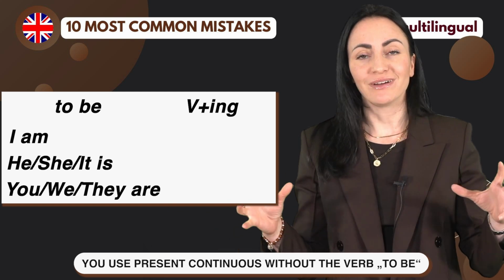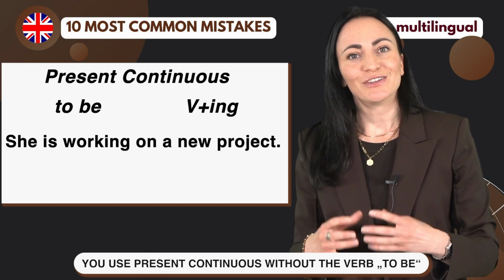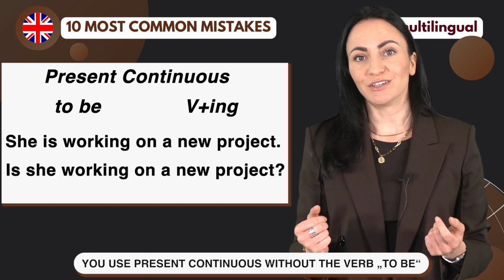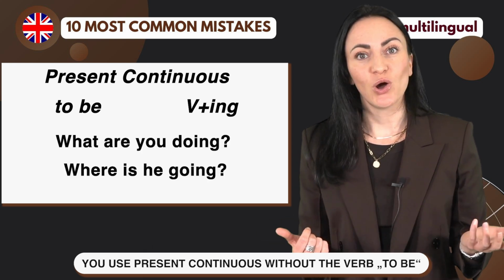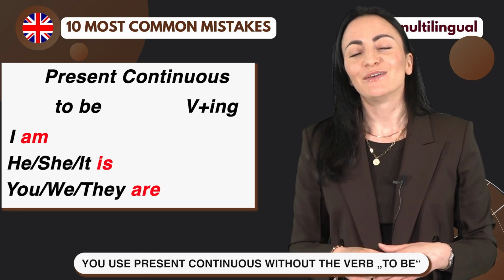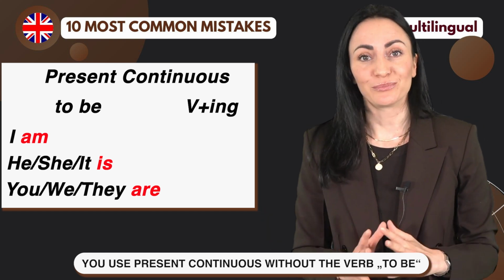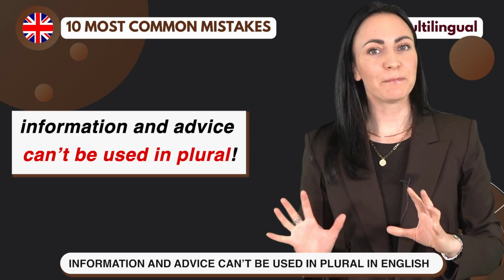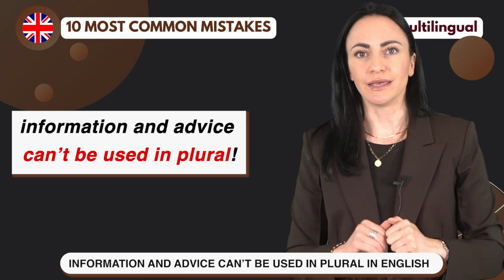So together they are present continuous. She is working on a new project. And for questions, is she working on a new project? Or what are you doing? Where is he going? Remember to use am, is, are if you use the ing form. I actually have a complete video on present continuous. Please check it out.